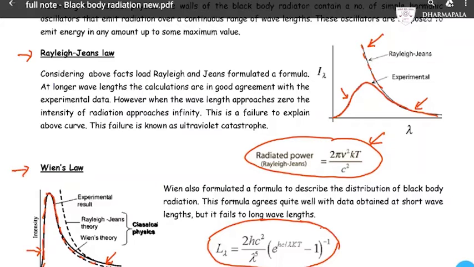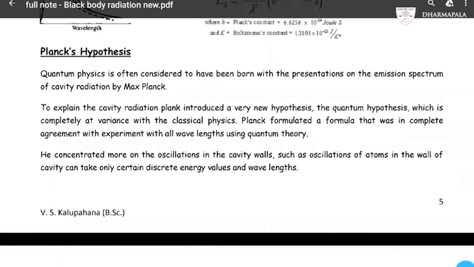There's another scientist who tried to develop another equation, that is Max Planck. He used a completely new theory to explain the intensity distribution curve, known as the quantum theory.